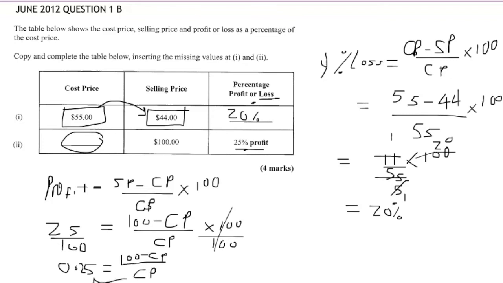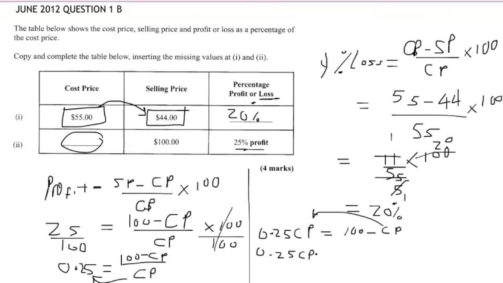Cross multiply, so I carry this over. So I will have 0.25 CP is equal to 100 minus CP. Carrying this over, this becomes positive. So I have 0.25 CP, which is the cost price, plus CP equal 100.